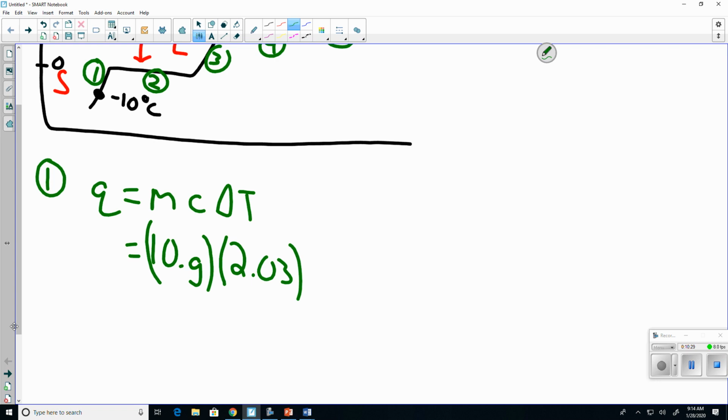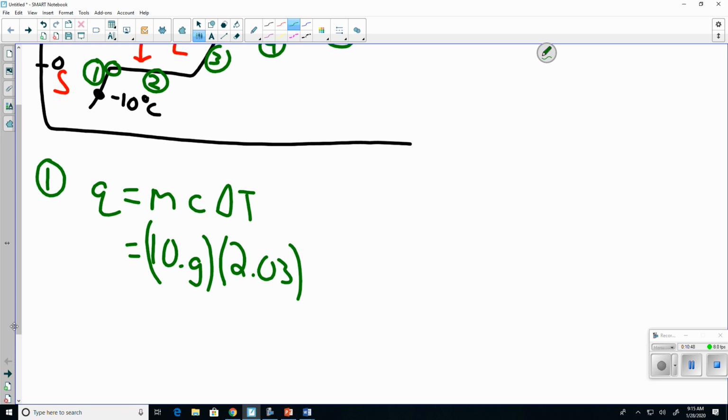Finally, we have to solve for the change in temperature, delta T. That is final minus initial. In this first step, we stop at 0 degrees Celsius. So that's our final temperature. Our initial is -10.